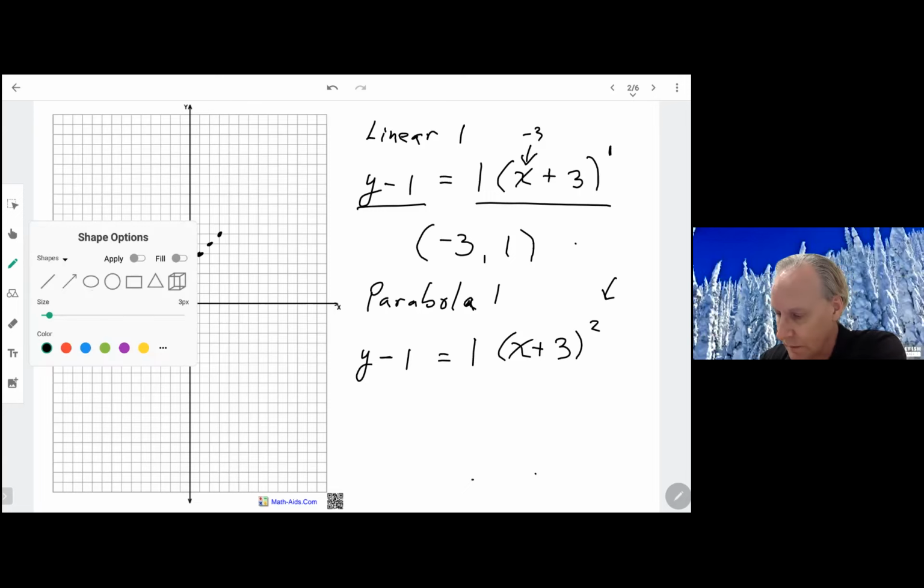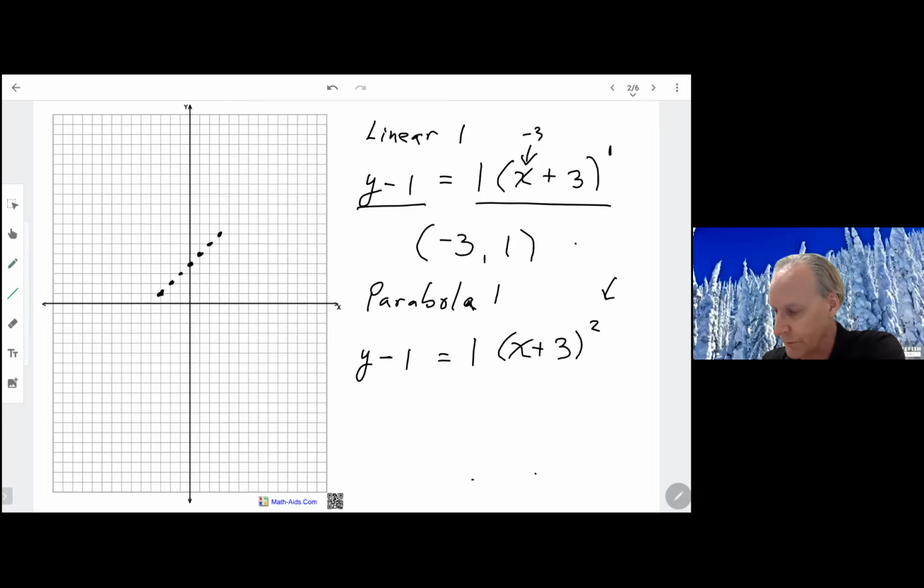Here's my line that I get here. This is my line between all these. Let me see if I can get it to match up. Okay, close enough.